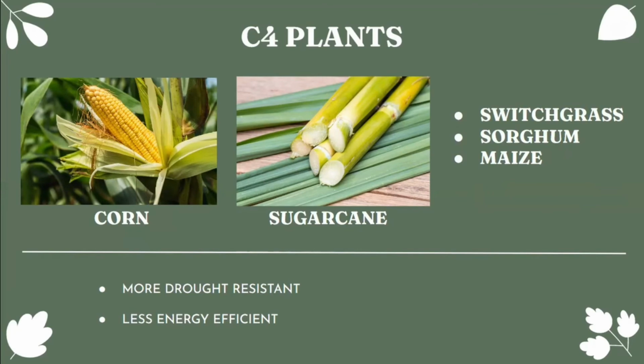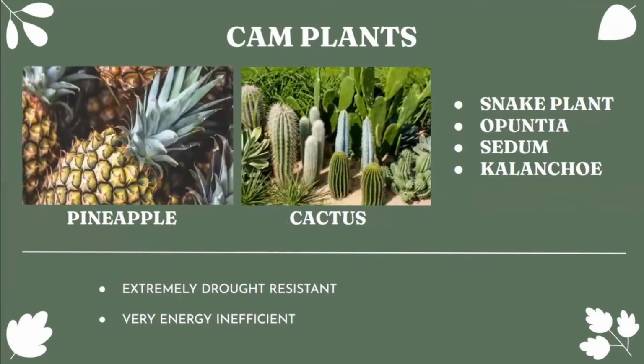Also, they require less energy, which makes them more efficient compared to C3 plants. Pineapple and cactus, on the other hand, are examples of CAM plants, as well as the snake plant, Opuntia, sedum, and kalanchoe. These plants are extremely drought resistant, and also very energy inefficient.